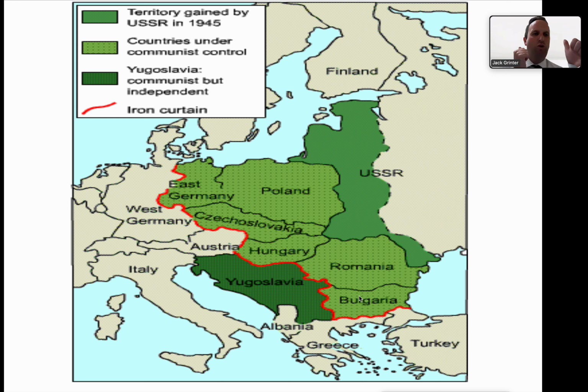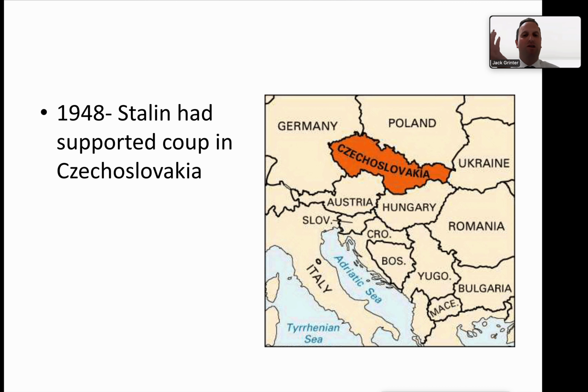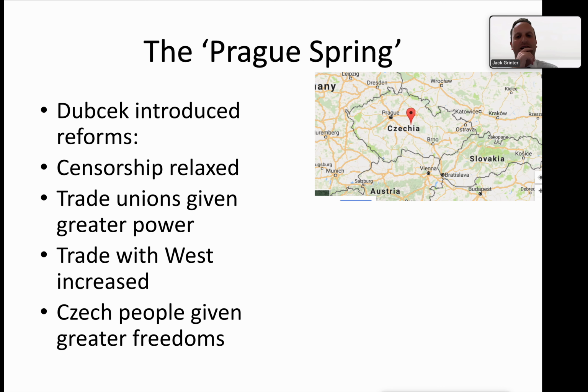Okay, one-party state, no travel to the west, or very limited travel to the west, heavy censorship, no non-communists to be included in the government. Trade unions have limited power, okay, and also as well a highly kind of controlled economy where the government controls the means of production, things like factories, okay.